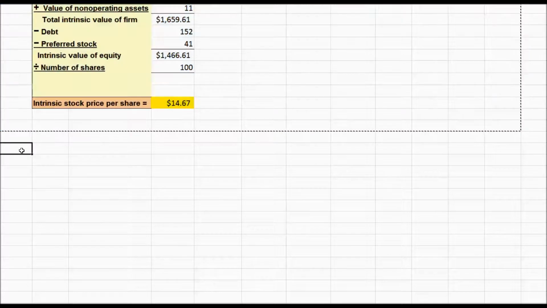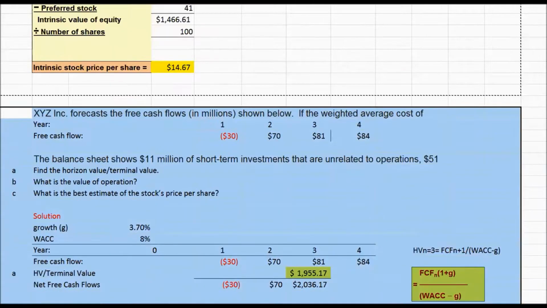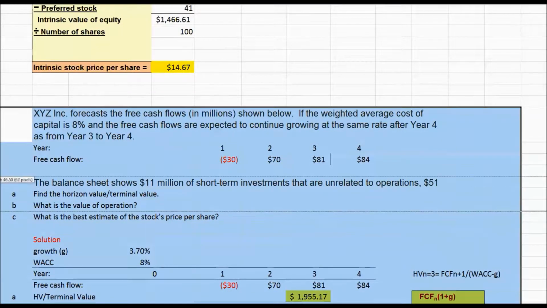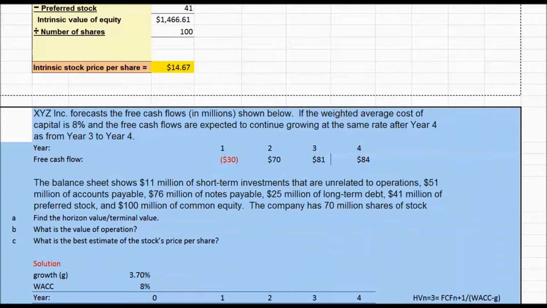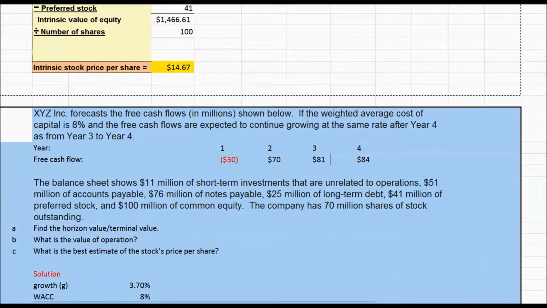So I just copied that information from the top. I'm just fixing something here.